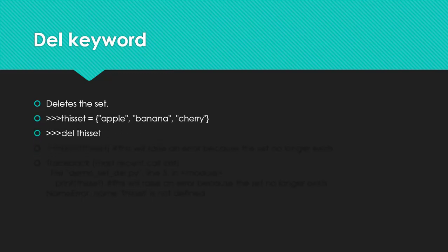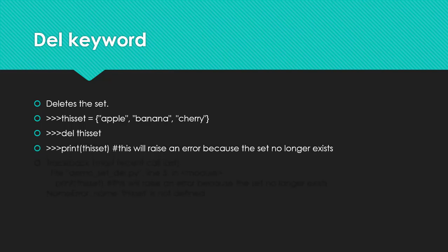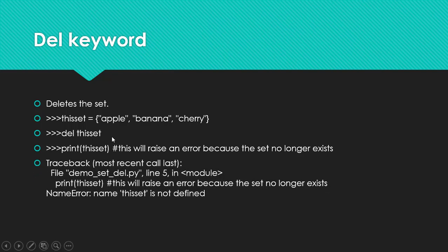The del keyword deletes the set, as is very evident from the name itself. So this set has the same apple, banana, cherry as the three elements. Then del this set, where del is a keyword, not a method. Del this set would delete the set. Print this set will now raise a traceback error because the set has been deleted. There does not exist any set named this set because del this set has already deleted the set.